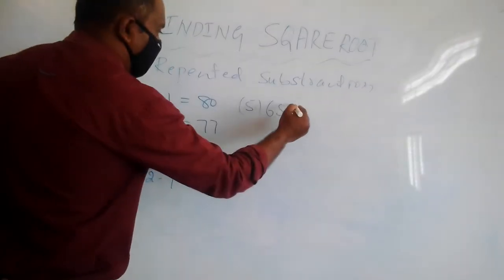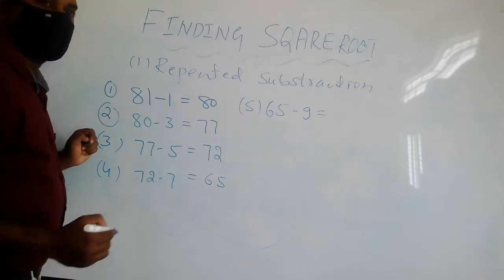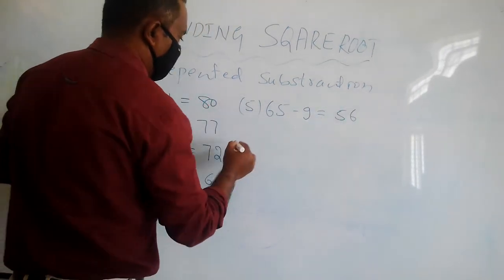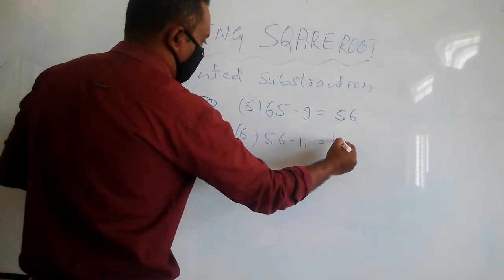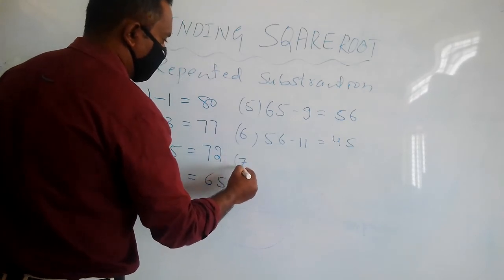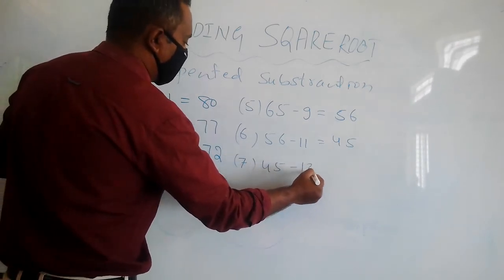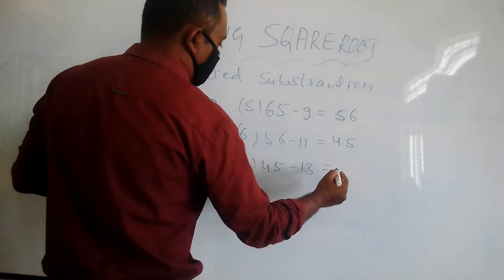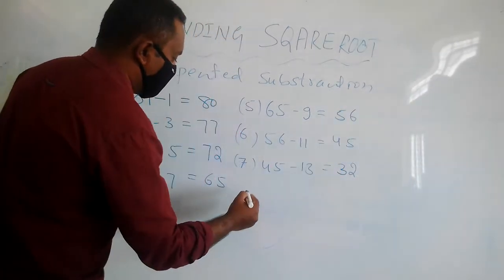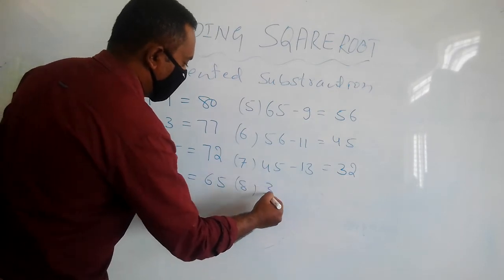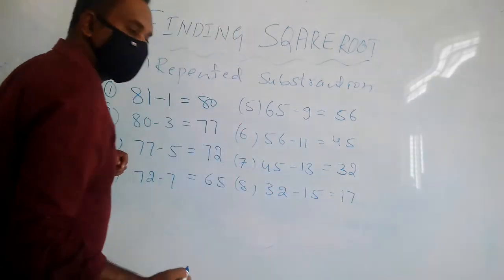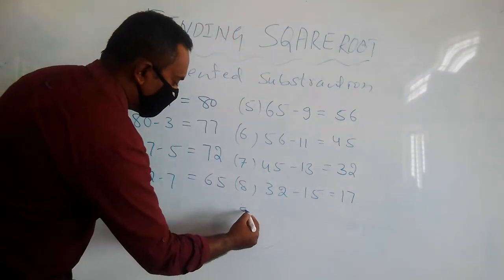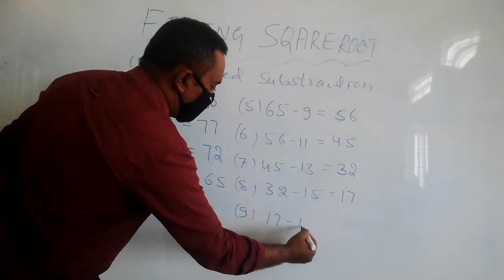Fifth one. 65 minus 9, how much? 56. Sixth one. 56 minus 11, how much? 45. Seventh step. 45 minus 13, how much? 32. Okay. Next, eighth one. 32 minus 15, how much? 17. Clear? Next, ninth one. 17 minus 17, how much?